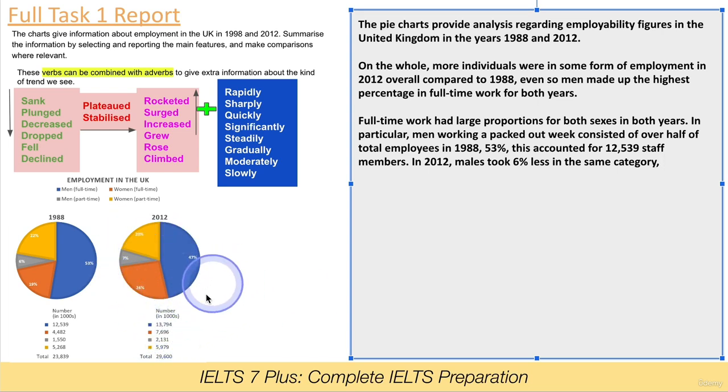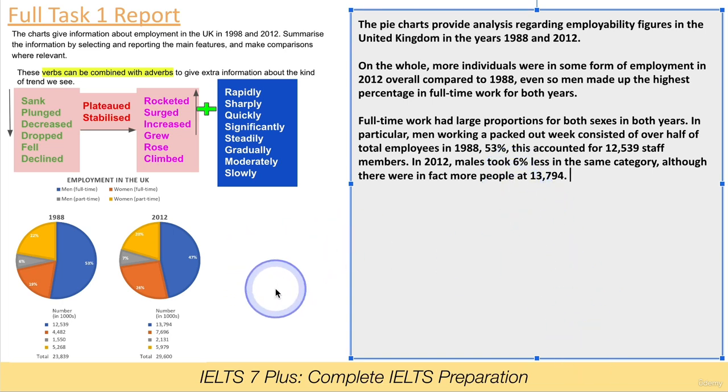They just accounted for less because there's more people overall. I see. Even so, if we used even so, although there were in fact more people at 13,794. So even though their share was lower, there were still more people in work.